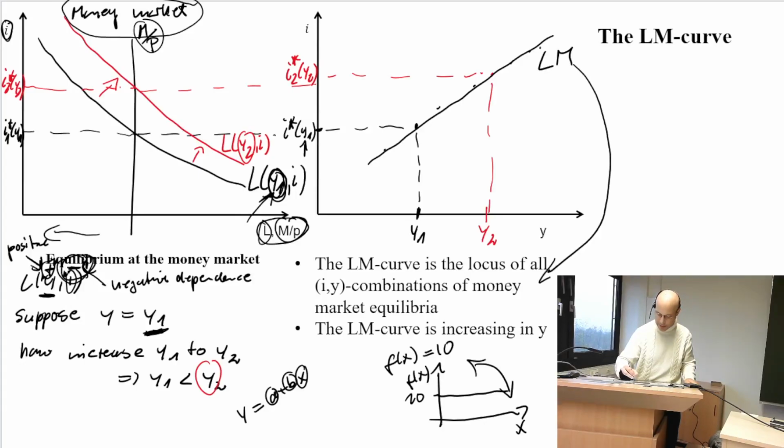And this is then the locus of all interest income combinations where the money market is in equilibrium. The concept is definitely the same.